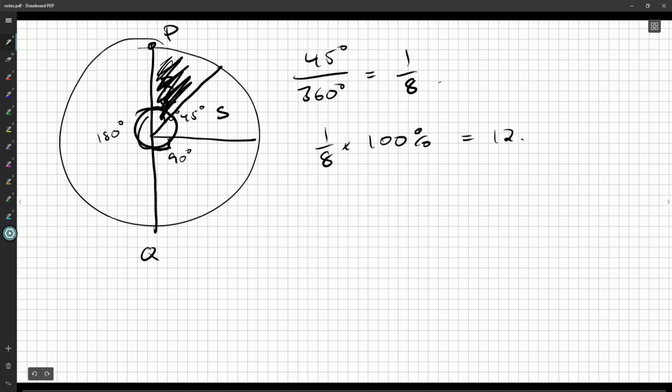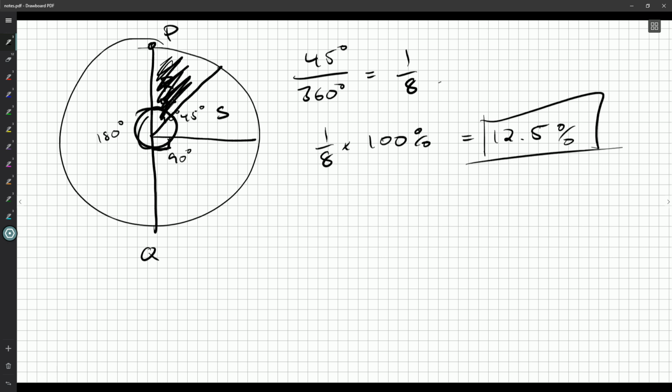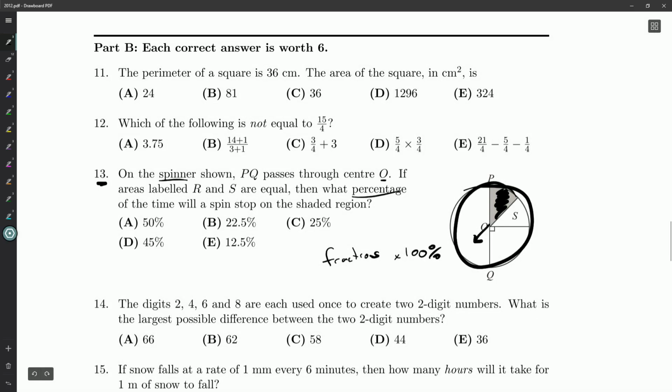Okay? And you can grab your calculator or you can divide manually. You'll find it's 12.5%. So 12.5% of the time when I spin a spinner, it'll land in this shaded area. Okay? 12.5, that's an answer of E.